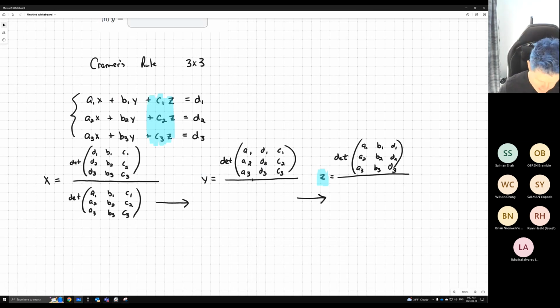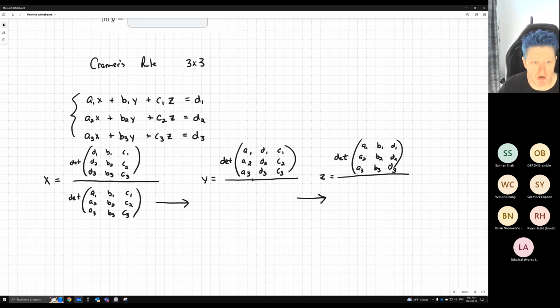And you'll notice, given my denominator matrix, I've replaced the c's with d's in the numerator. So it's the same process, and it's the same for a 10 by 10 system too. This does not change no matter how many variables you get involved.